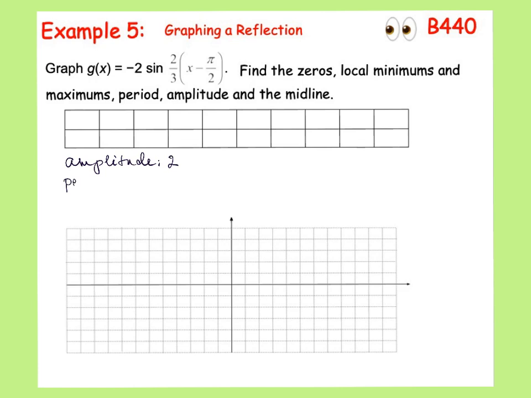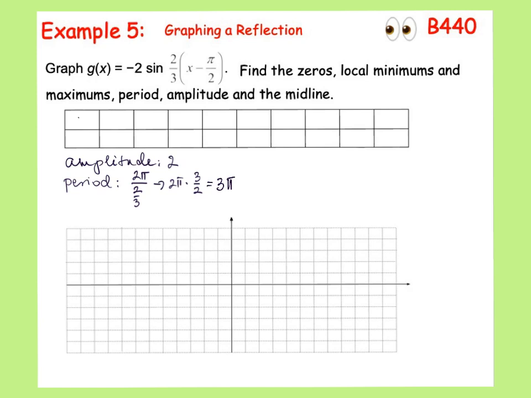The period is going to be 2 pi divided by 2/3, which is 2 pi multiplied by 3/2. And then that's going to give us 3 pi for the period.